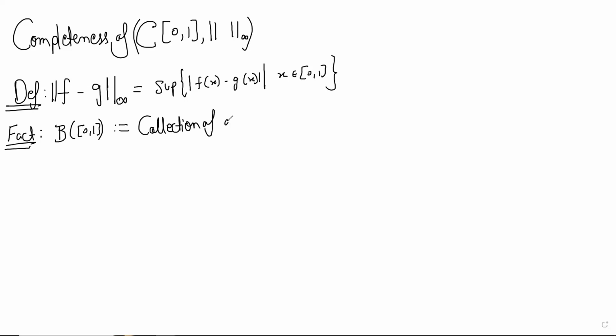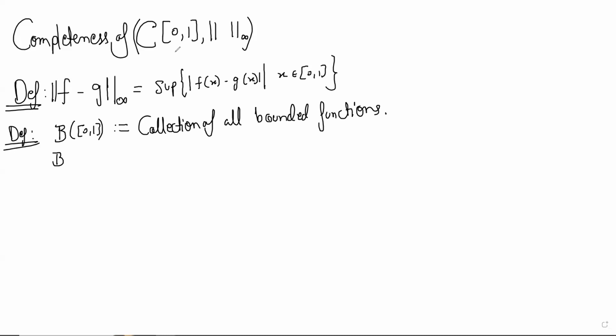No longer are we saying continuous, we're just saying that it is bounded. Collection of all bounded functions. Functions just means it's going to R. So maybe this is just a definition.